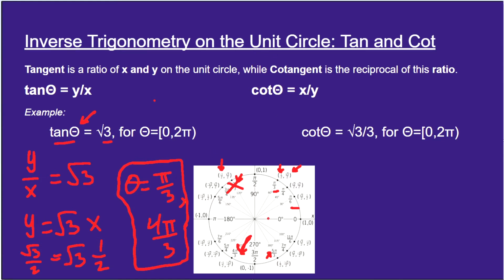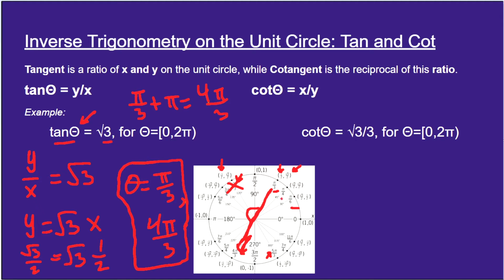Tangent just so happens to always be equal to the same thing when I go across the circle, right? See how pi over 3 and 4 pi over 3 are across the circle? They're across the circle because they're a difference of 1 pi, right? Pi over 3 plus pi is equal to 4 pi over 3.